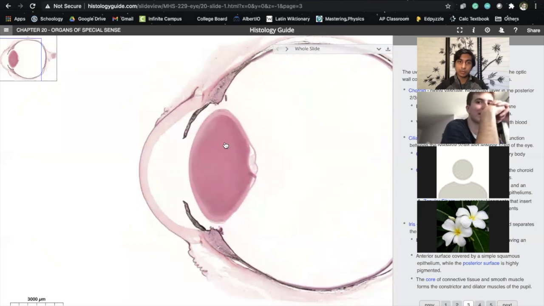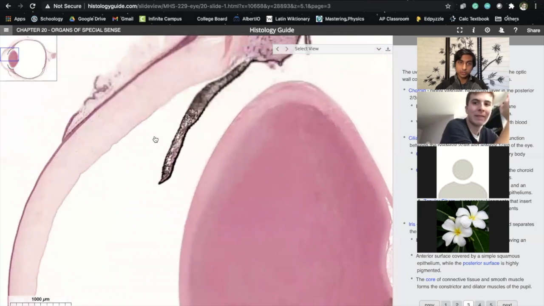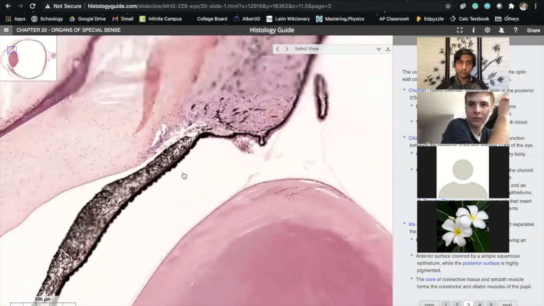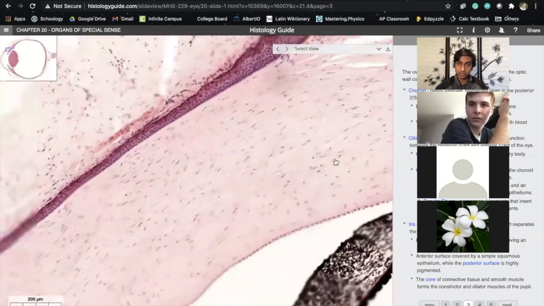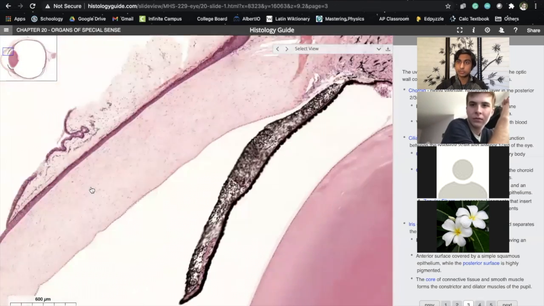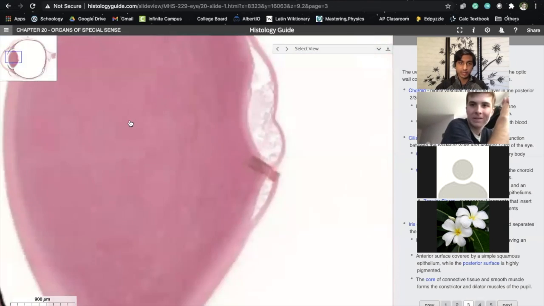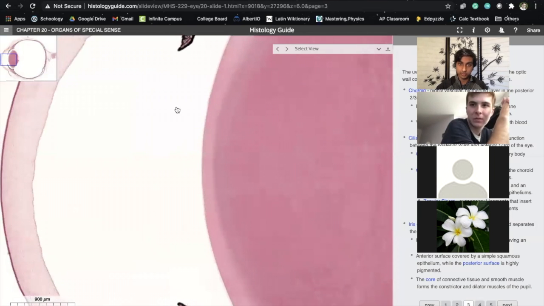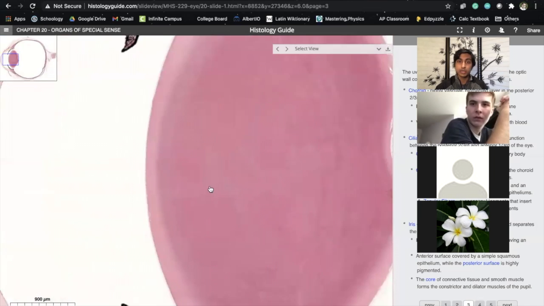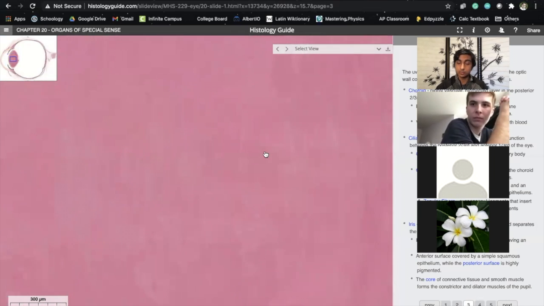But here, I want you to know how certain regions don't have cells present. Here you have cells across the front portion, which makes sense because it keeps it structured. However, here we have the opening, right? This is our opening to the lens. This would be our pupil. And then here we have no cells.